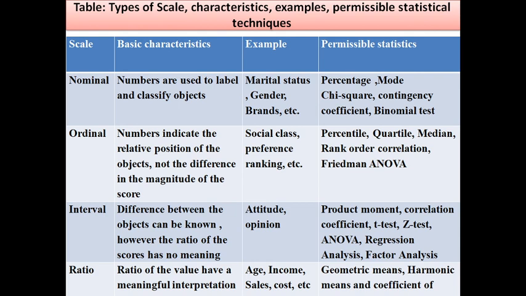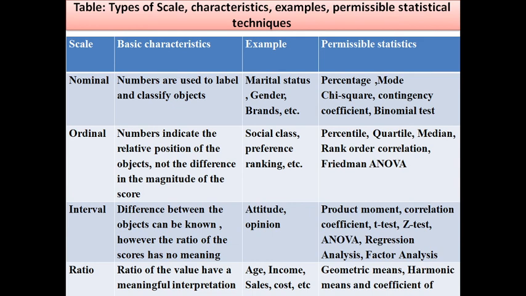Here numbers indicate the relative position of the object, not the difference in the magnitude of the score. So in our example, we talk about the first rank, second rank, third rank, etc. That is ranking or ordering the students. Examples are social class, preference, ranking. These are examples of ordinal scale. Permissible statistics are percentile, quartile, median, rank order correlation, ANOVA, etc.